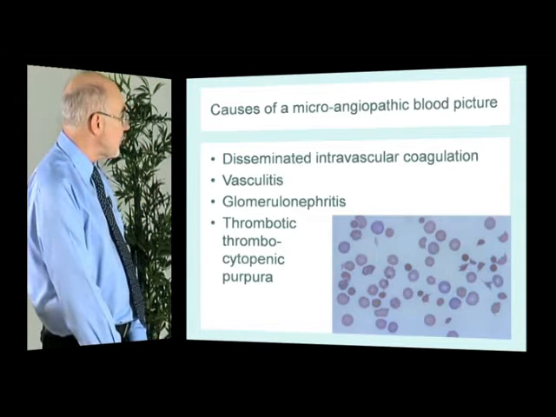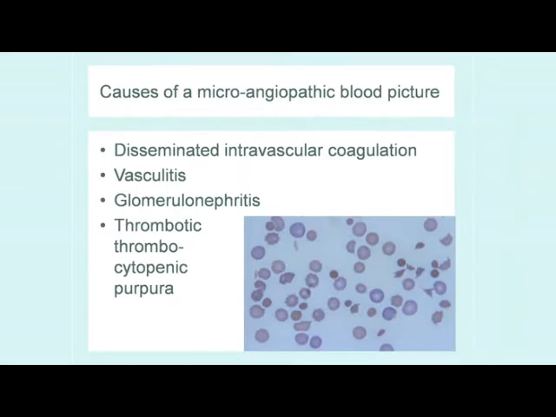And you can also see the very small, darkly staining red cells, which are spherocytes. Spherocytes may be found in the blood in any cause of hemolysis. Of course, the classic causes are hereditary spherocytosis and warm autoimmune hemolytic anemia. But you will also find them in small numbers in a microangiopathic blood picture.